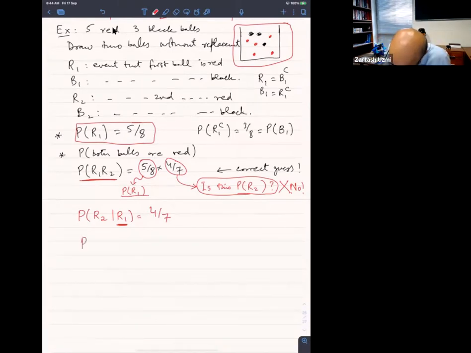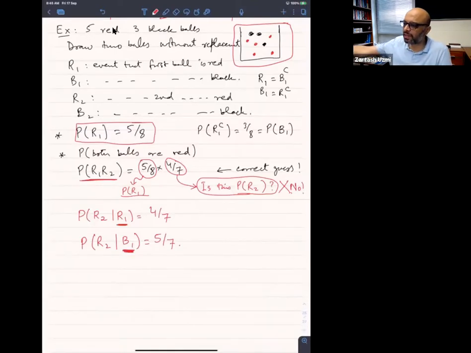What would be the probability of R2 given that the first ball was black? Answers in the chat window. It's going to be 5/7. Why? Because now you are given that the first ball was black. So quietly remove a black ball from there.